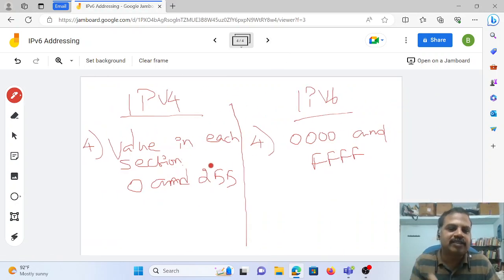The value in each section ranges between 0 and 255 in IPv4, whereas in IPv6 it ranges between 0000 and FFFF. So address-wise and section-wise, these are the differences between IPv4 and IPv6.